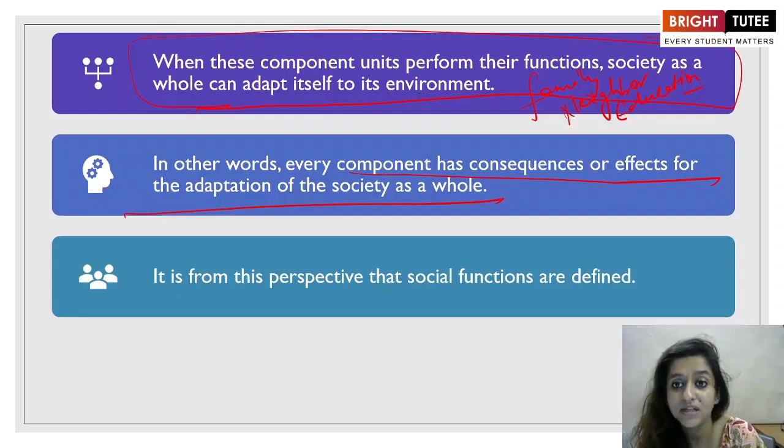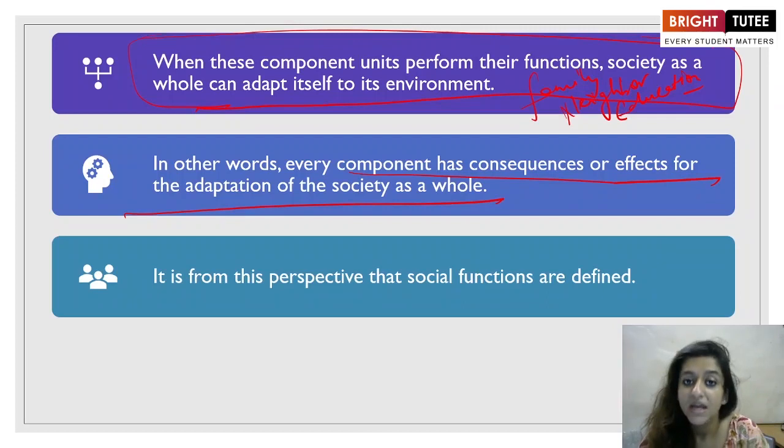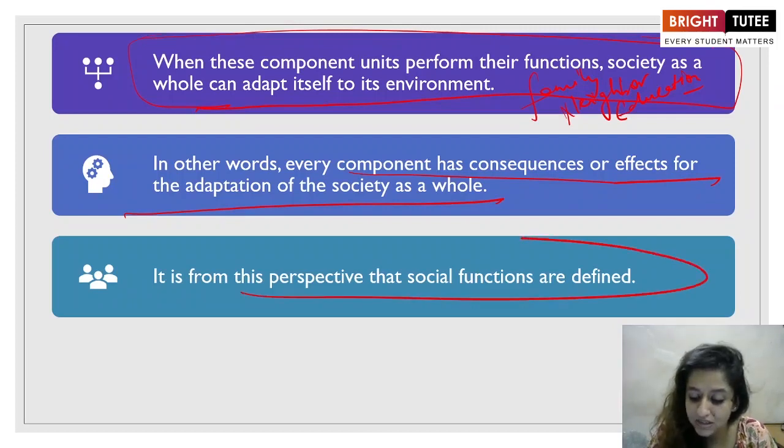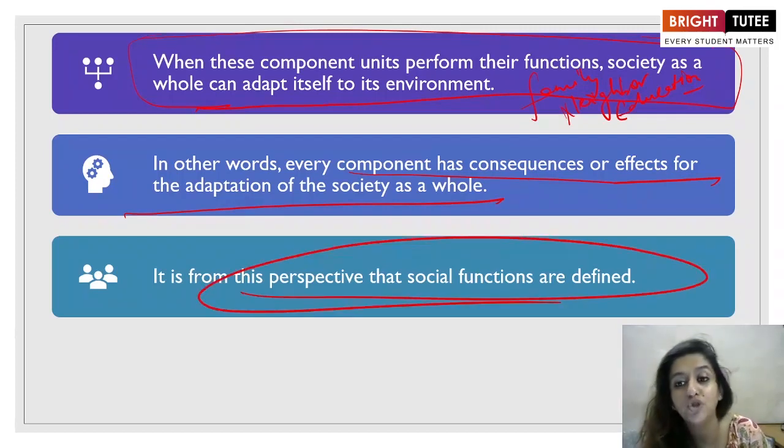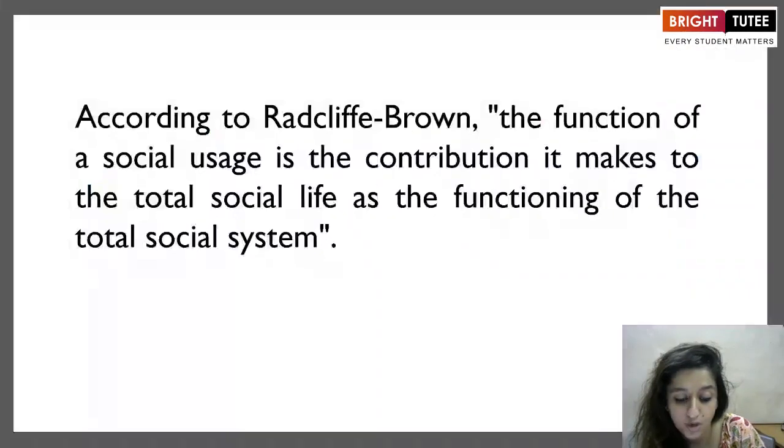And that is how the adaptation of that particular unit of the society takes place. It is from this perspective that social functions are defined, the perspective of the society and of adaptation.